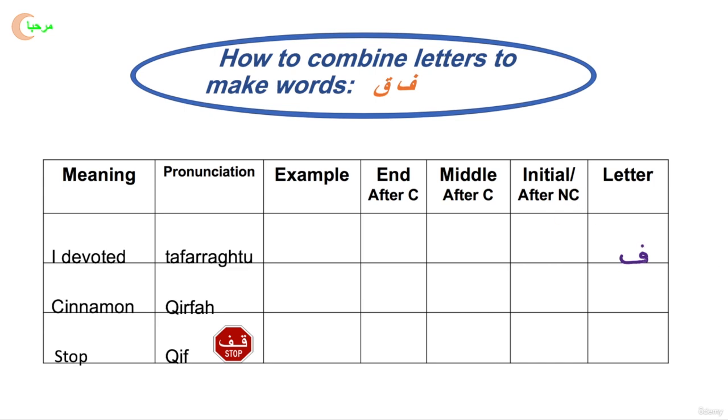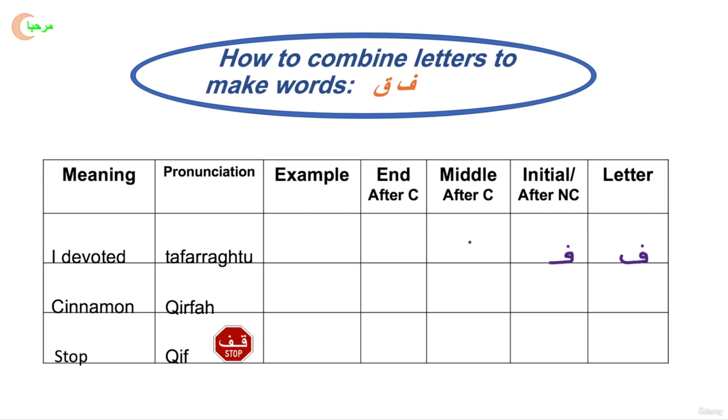Now, since it has similar shape to the ba, then it will have also similar shape when it's written at the beginning of a word or after a non-connector. So we will make our circle, and then we will go down, and we're gonna stop here. We will not close the door, remember? And then we put the dot here.